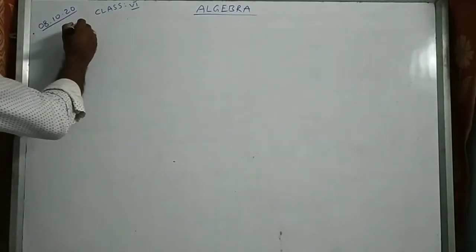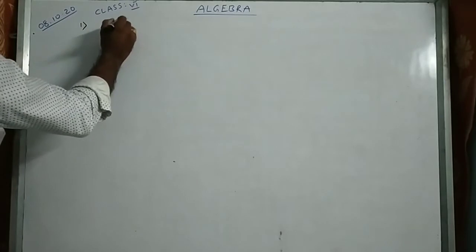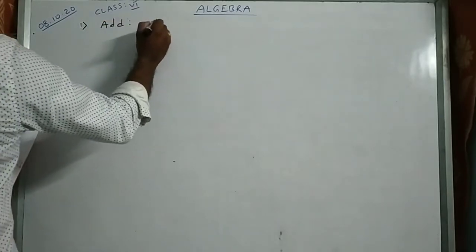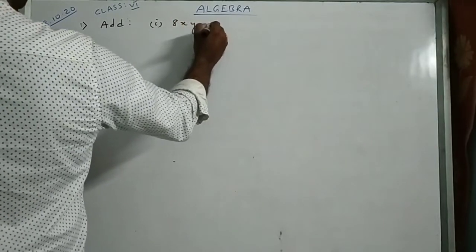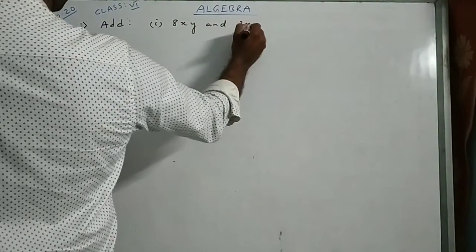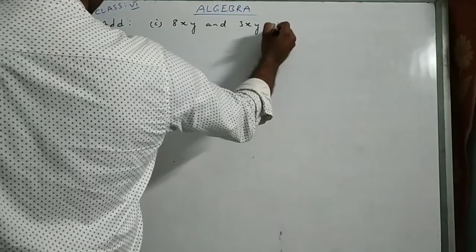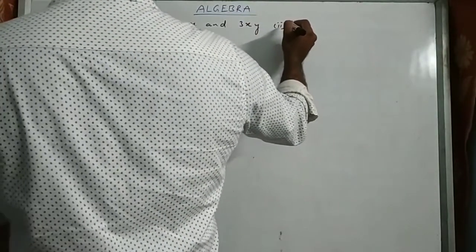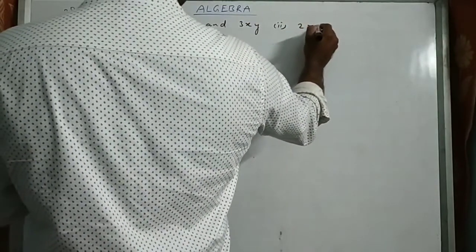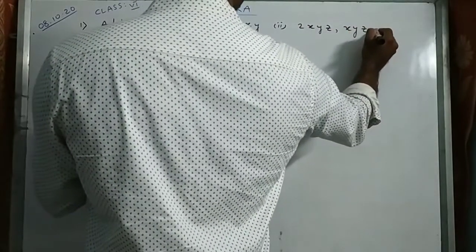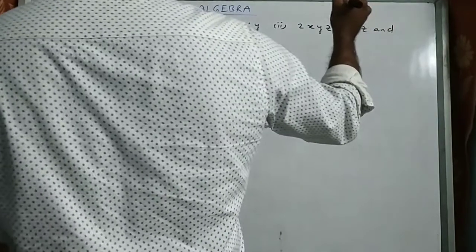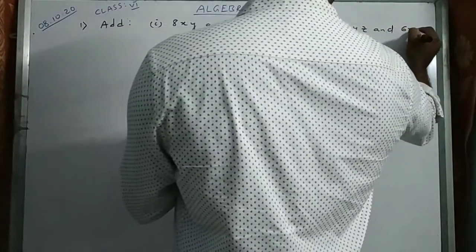Now you see here, one problem I will say. Add. First question: 8xy and 3xy. Second: 2xyz, xyz, 6xyz. When we read, you can understand whether they are like terms or not.